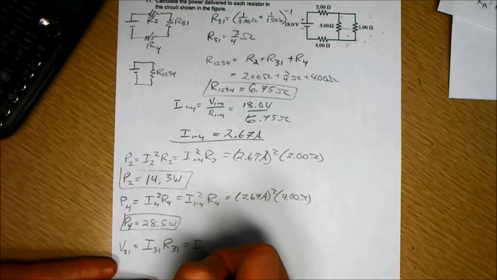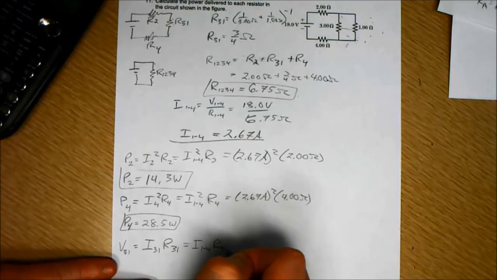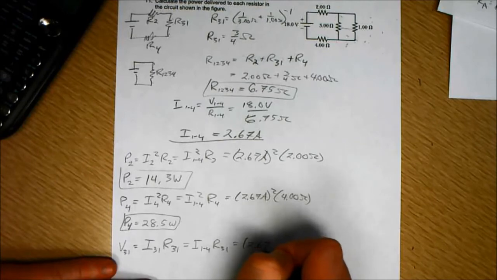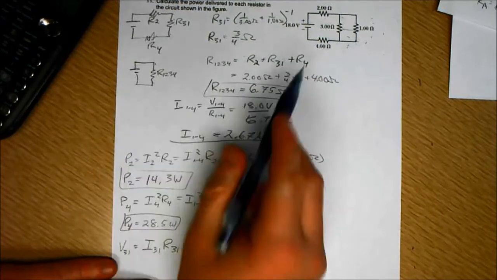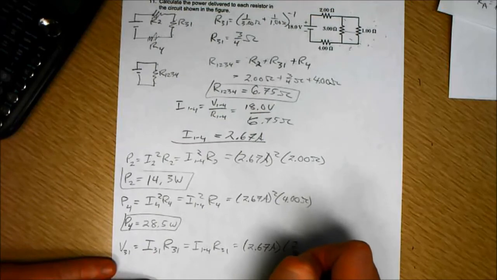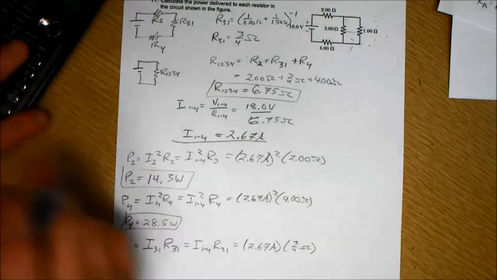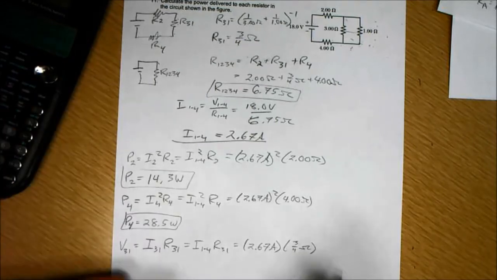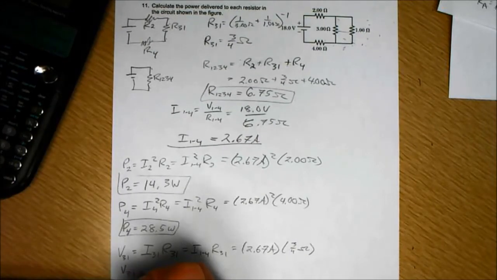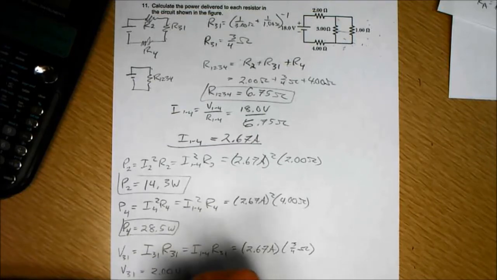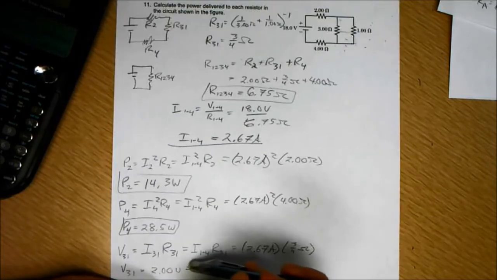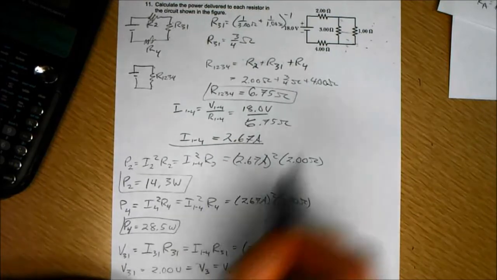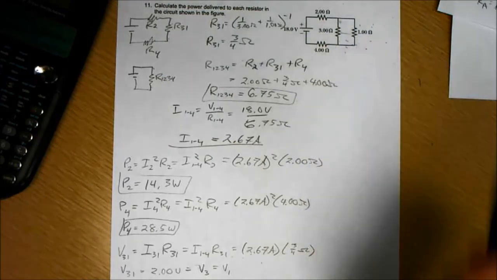So that's just I1 through 4 times R31, or 2.67 amps times 3/4 ohms. So 2.67 times 3 divided by 4. So V31 equals 2 volts, and that equals V3, and that equals V1, because it's the same voltage drop across here as it is across here.